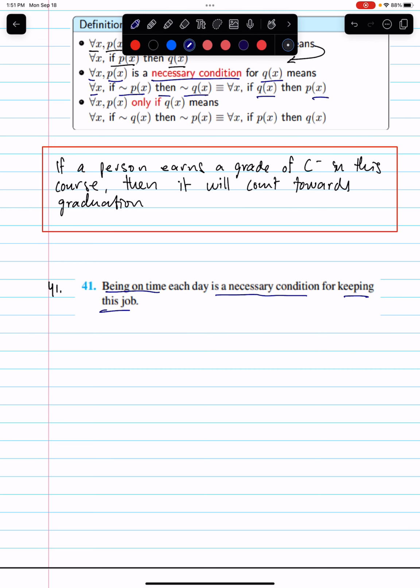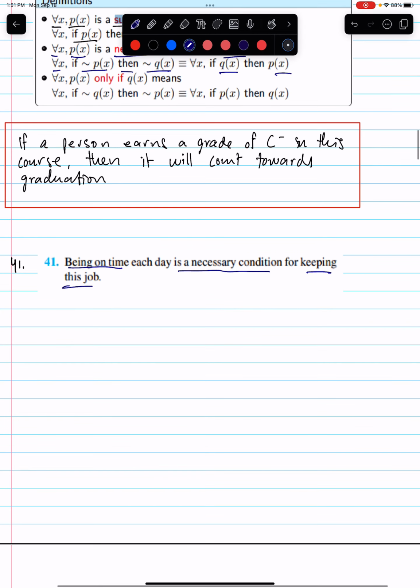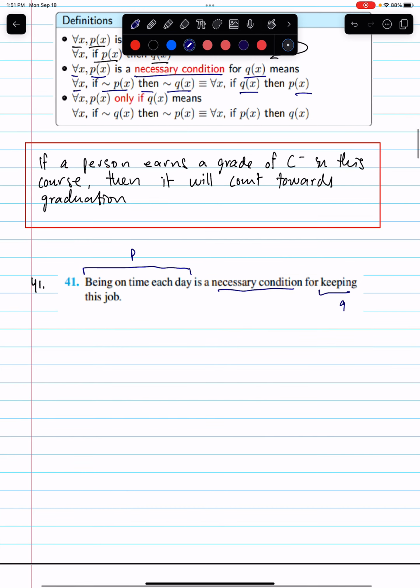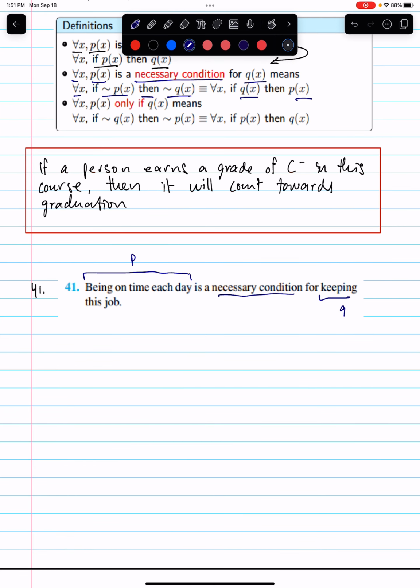Look for where necessary condition is and break this into parts. Whatever's before necessary condition, we'll call P. Whatever's after, we'll call Q. So if P of x is a necessary condition for Q of x, we could just rewrite this to if Q, then P of x.